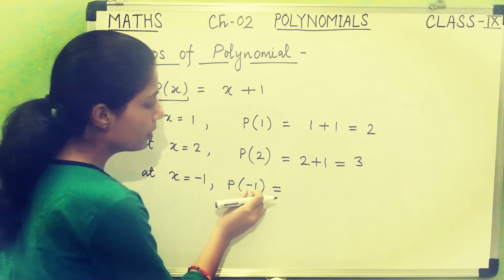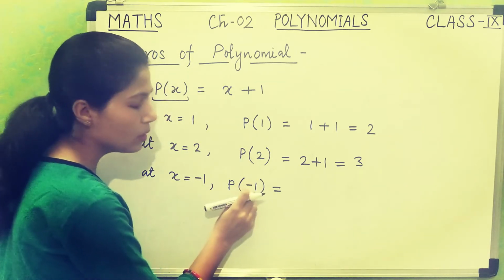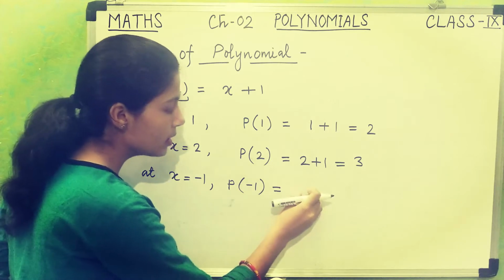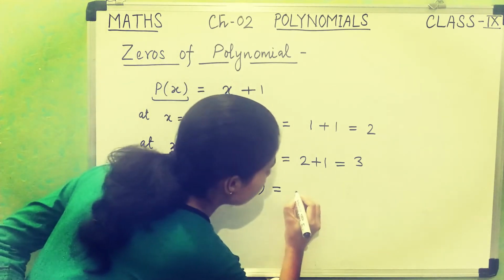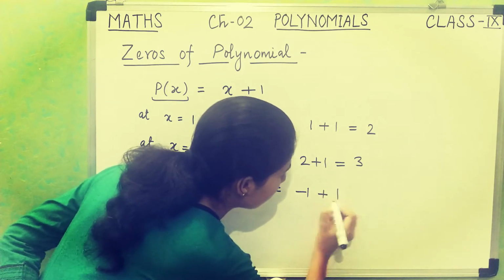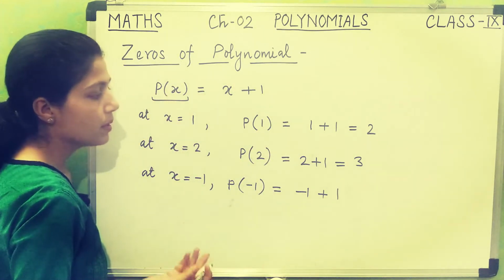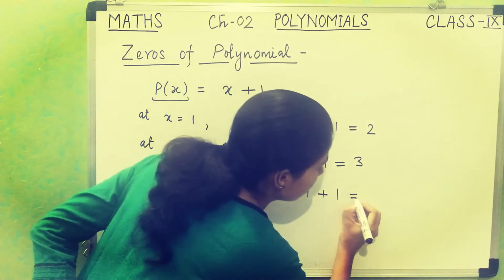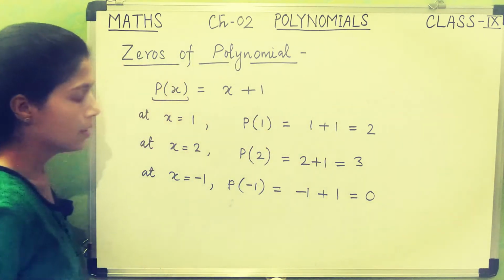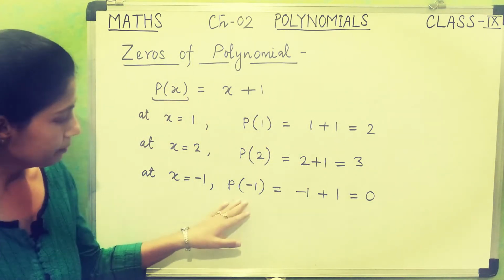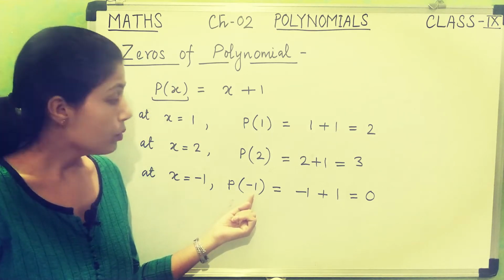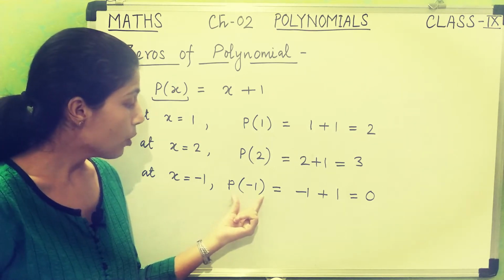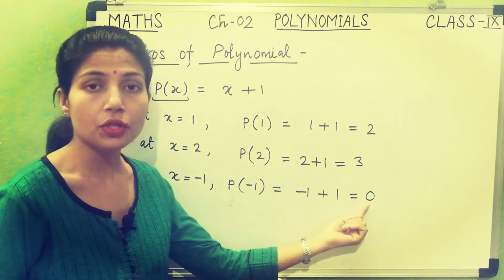If I put any particular value in place of x, then we have to put the same value in the expression also. So minus 1 plus 1. Minus 1 plus 1 is 0. So see here, at x equals minus 1, the value of the polynomial becomes 0.